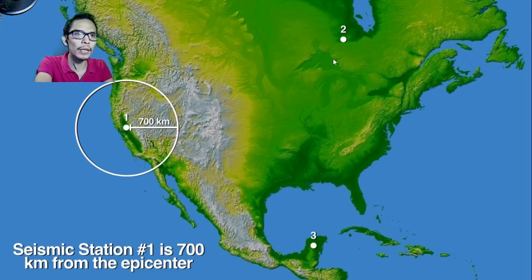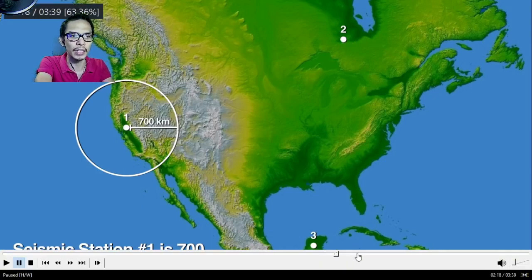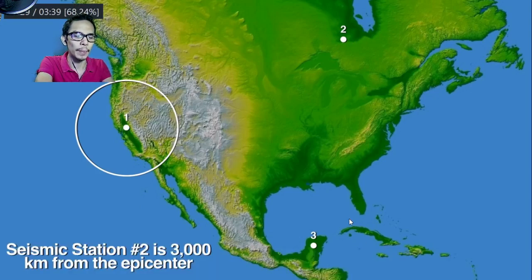All right, next one. Let's go now to the second station. The second station has an epicenter distance of 3,000 kilometers. Again, 3,000 kilometers will not fit on your ruler, so you need to scale it down.